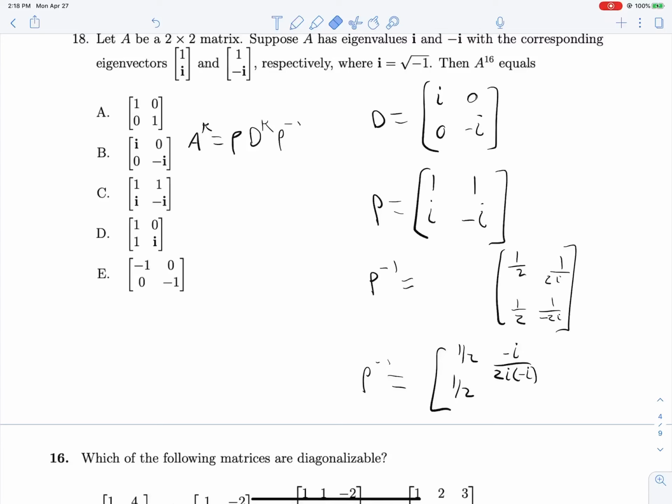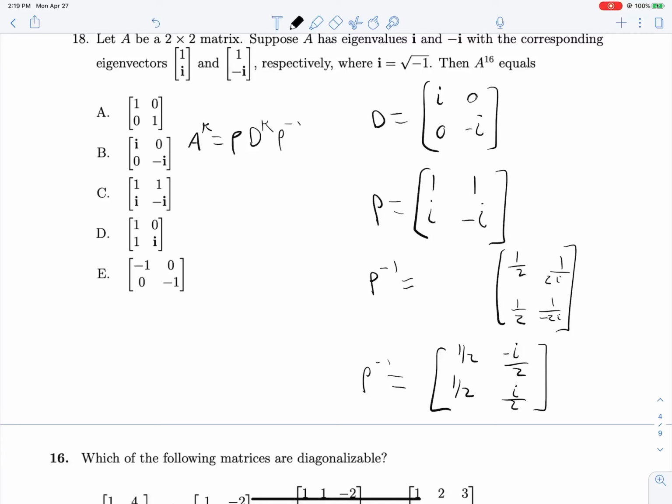Well, i times -i will just be 1, so we get -i over 2, and then we have -i over -2i times -i... so we'll get 2 down here and I over 2 up here. So we get i over 2. There we go.